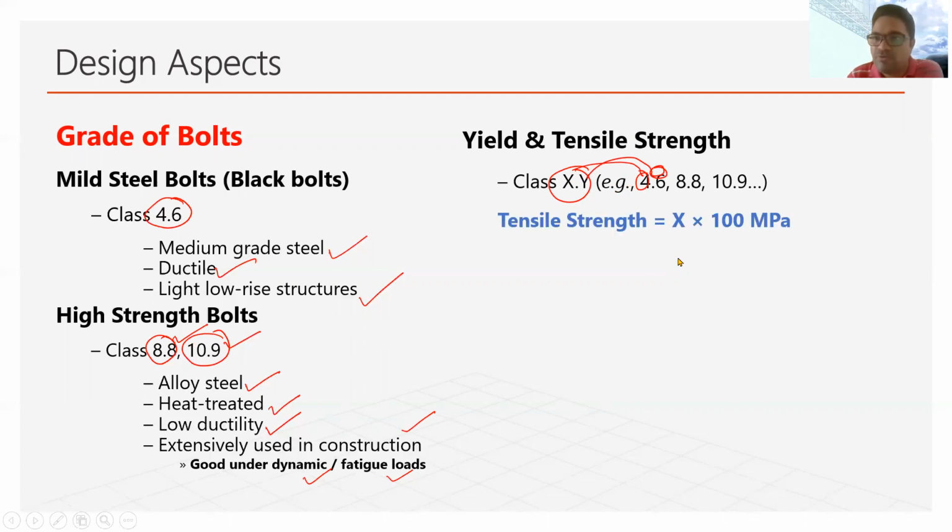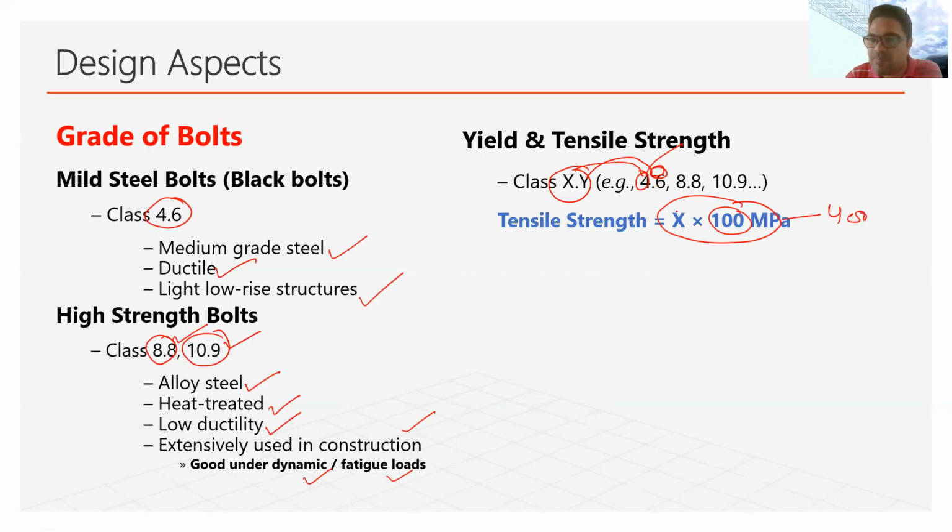If we need to determine the tensile strength of the bolt or the ultimate strength of the bolt, then we can simply get that by multiplying the x number by 100. So here the 4, if we multiply 4 with 100, we will be able to identify the ultimate strength of the bolt, which will be 400.